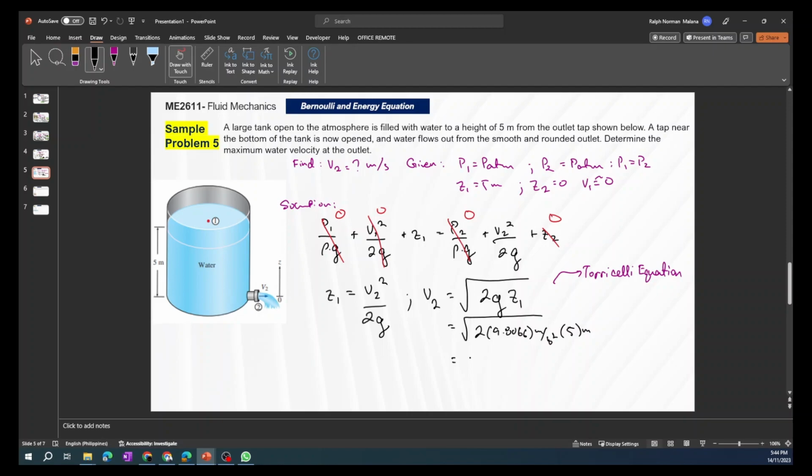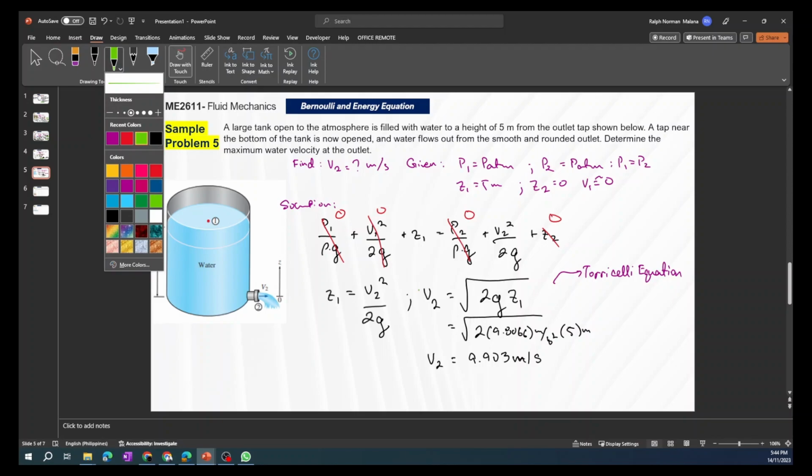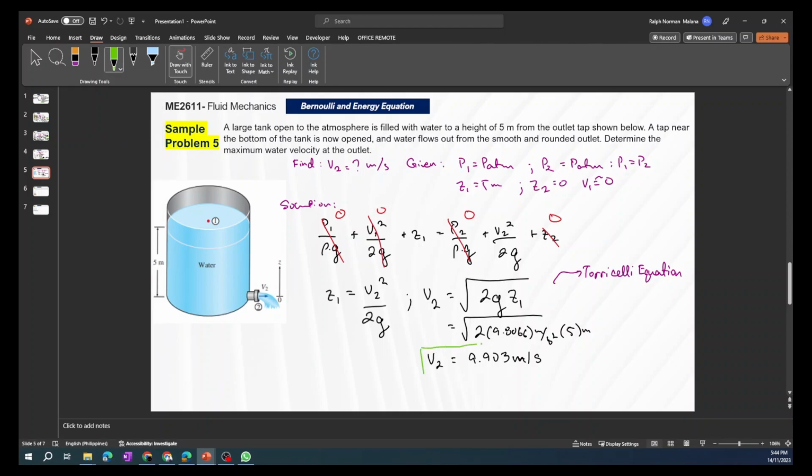That'll be 9.903 meters per second. So Torricelli's equation is very useful for finding the velocity at the endpoint of an orifice. It could be at this level, it also could be at this level, okay?